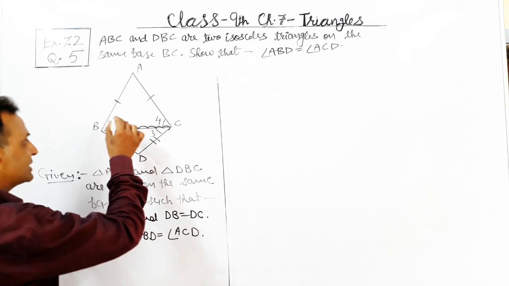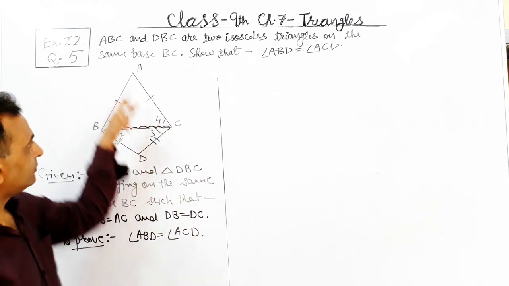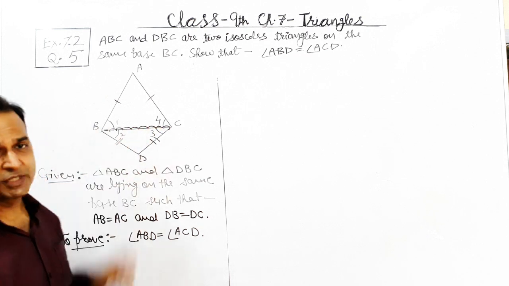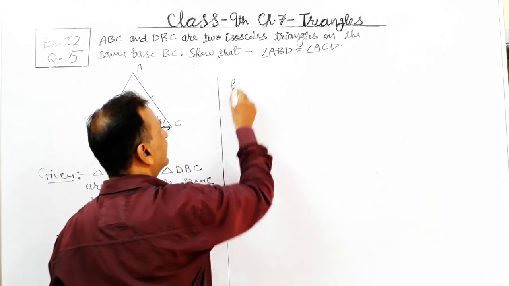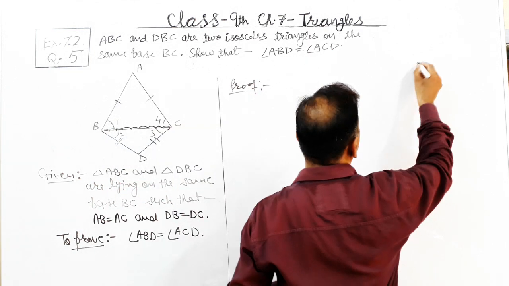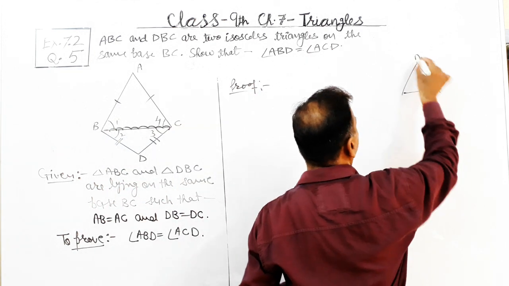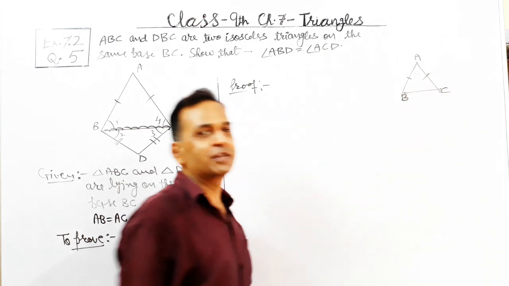Now, these are angles 1, 2, 3 and 4 in this upper triangle ABC. Because it is an isosceles triangle, first of all we write down the proof here. Proof. Suppose this is triangle ABC, where AB and AC, these two sides, are equal.